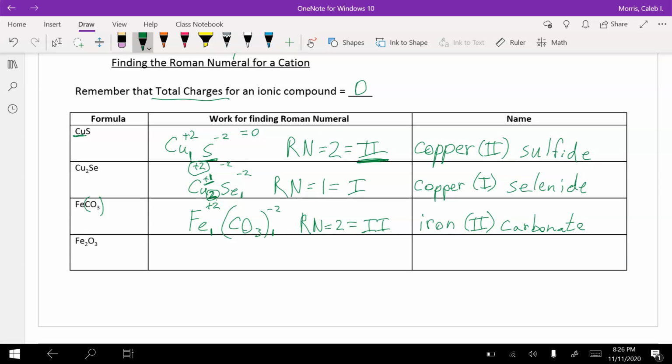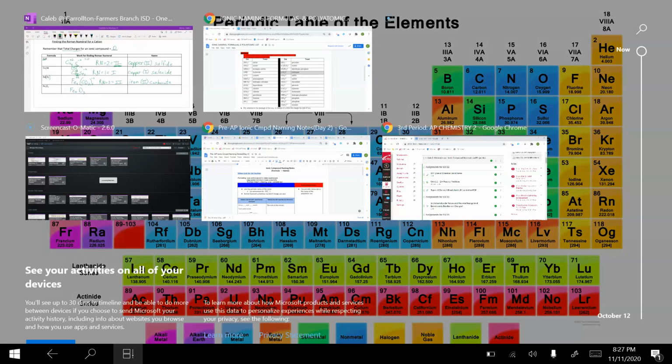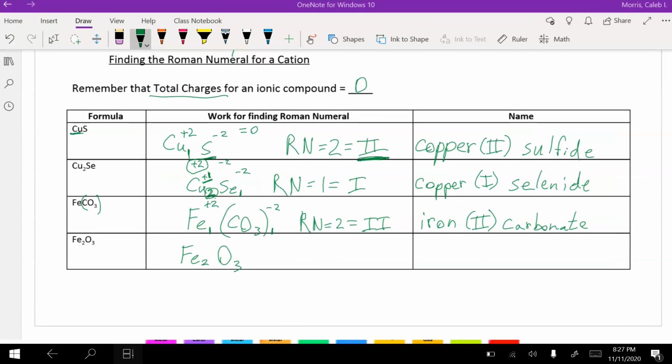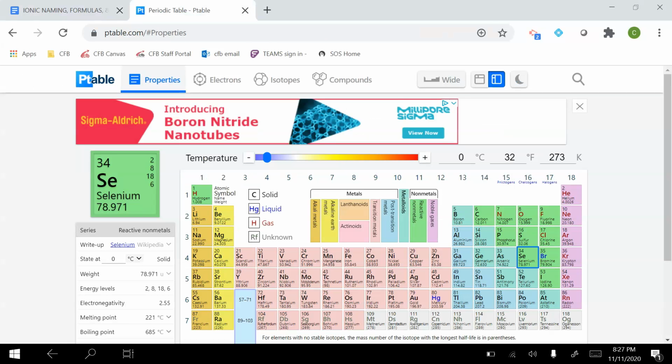And then we have Fe2O3. Again, we don't really know the charge of Fe, and we've got 2 of them. And I have O3. Need to pay attention to how this works. Okay, I'm going to find oxygen, find O on the periodic table. It's right here.